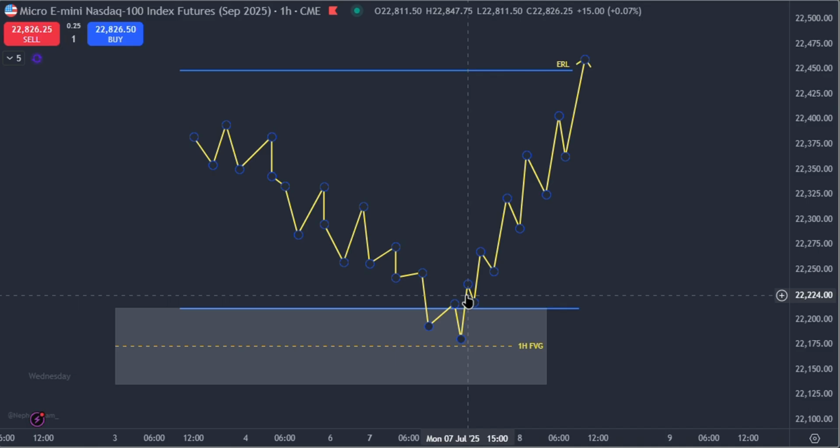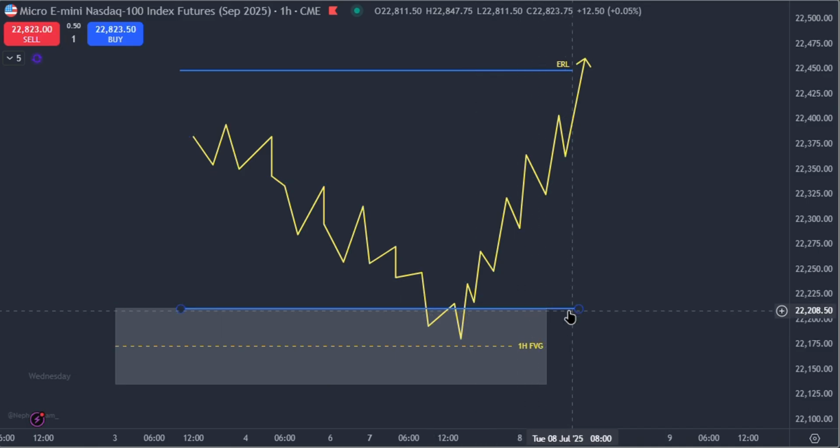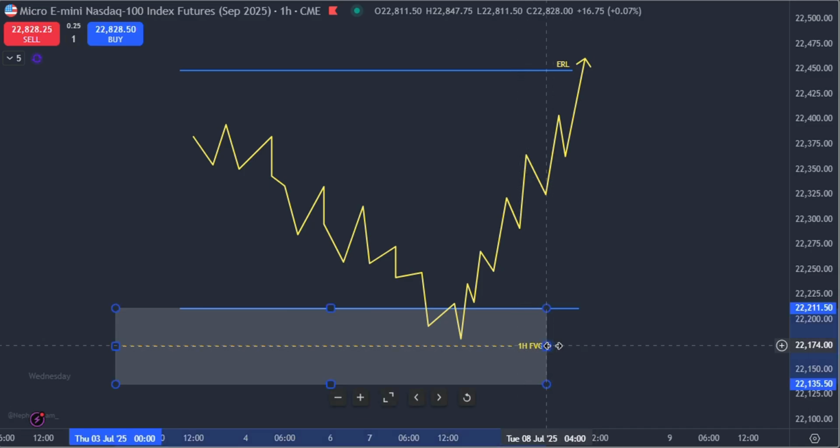That's how I identify the draw on liquidity. Again, time based liquidity: previous month liquidity, weekly, daily, session, and 90-minute cycles. And then I also look for how to identify the external and the internal range liquidity by looking at the order flow.